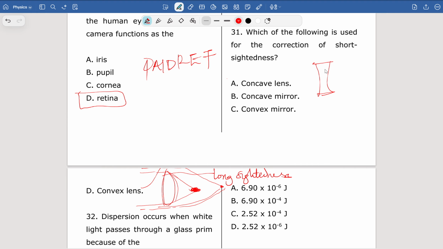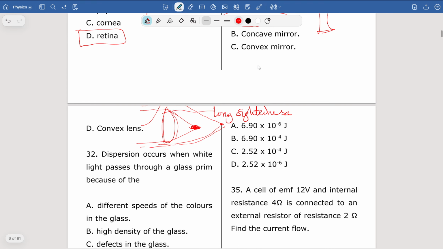So this is the concave lens, which is diverging. So initially, the rays were probably converging at a point that is very near. They don't really get to the main point on the retina. So we need to diverge them to get to where they are going. So you go with option A.